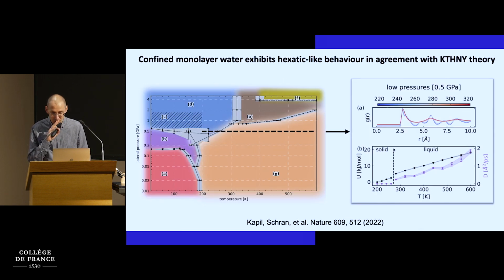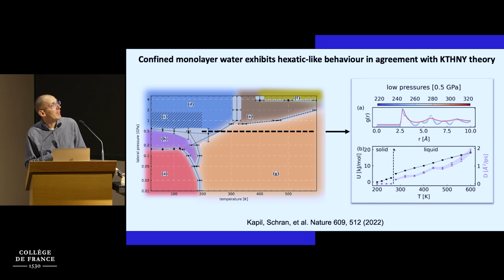So if we look at this phase that I described as the hexatic phase, looking at this line of constant pressure here is useful. If we explore the changes in the system as we go from 200 Kelvin up above 500 Kelvin at a constant pressure of 0.5 GPa, then we have this data over here.